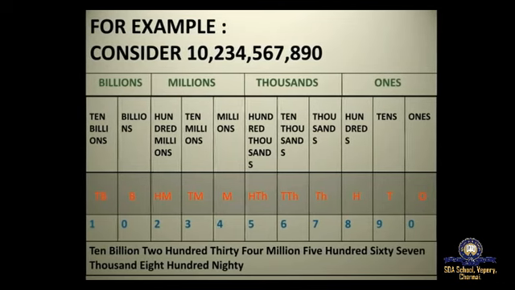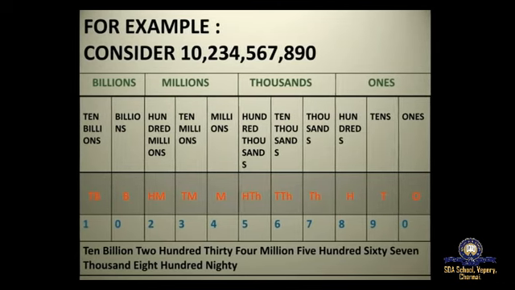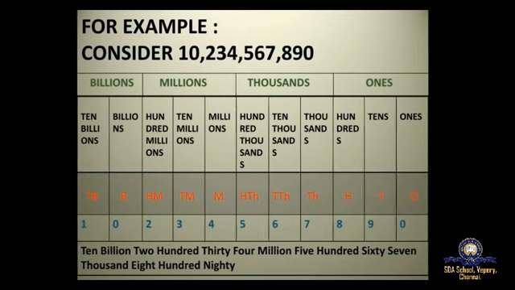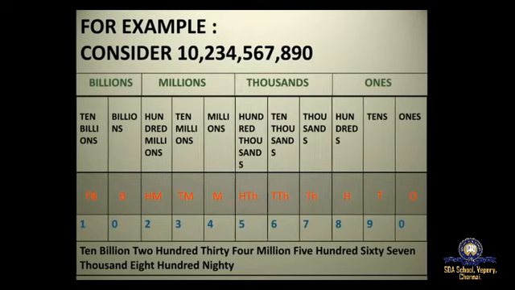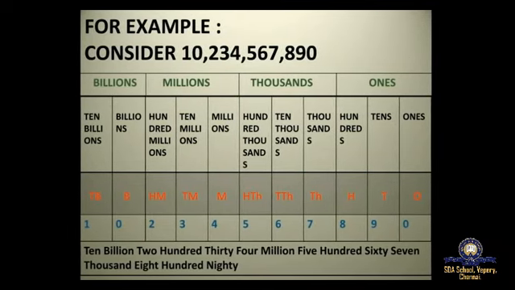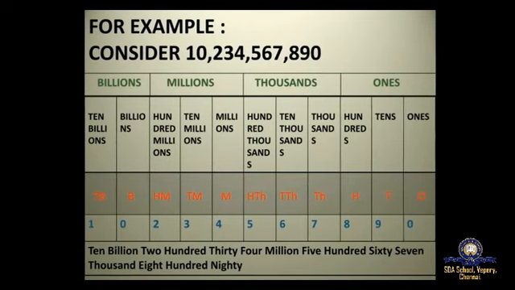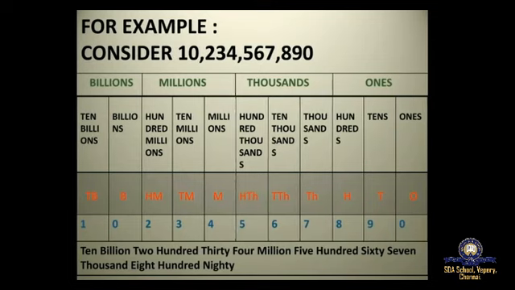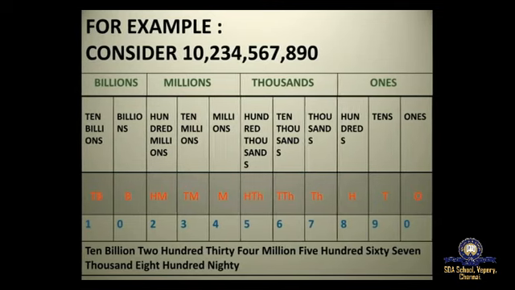So while giving the number name, you're going to come from the left hand side. So you're going to come from the billions period. We are going to read it as 10 billion, 234 million, 567,890.